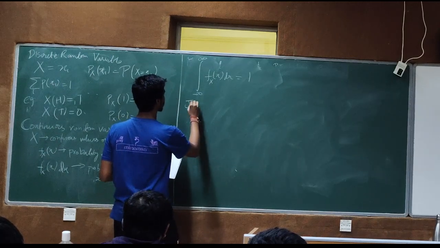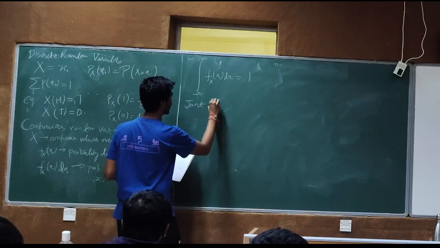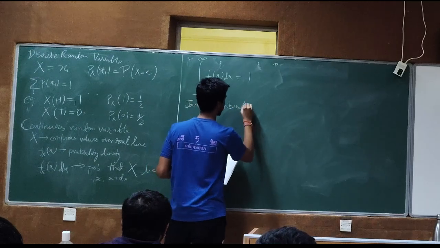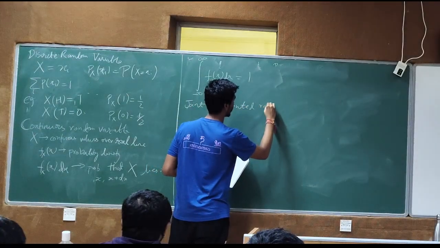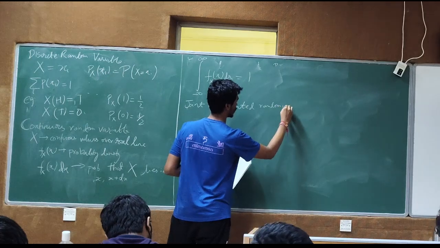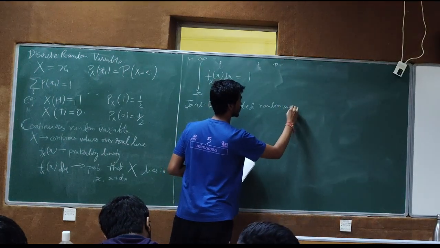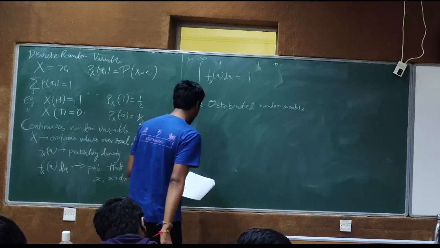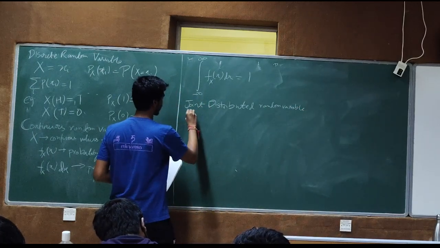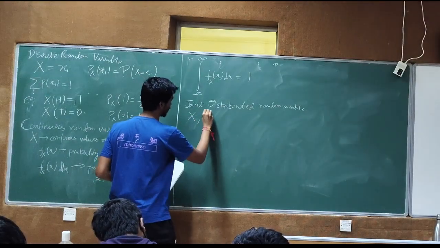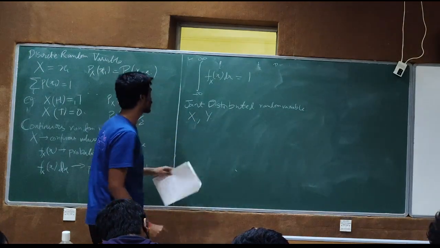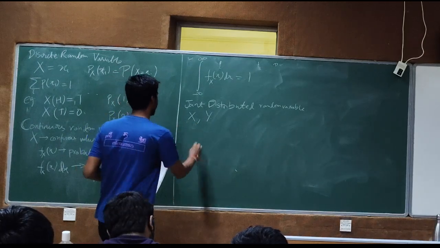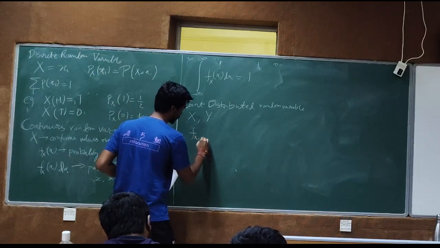The next thing we do is the joint distribution. Let's say there are two random variables X and Y. We define a joint probability distribution of both X and Y by f_XY(x, y).